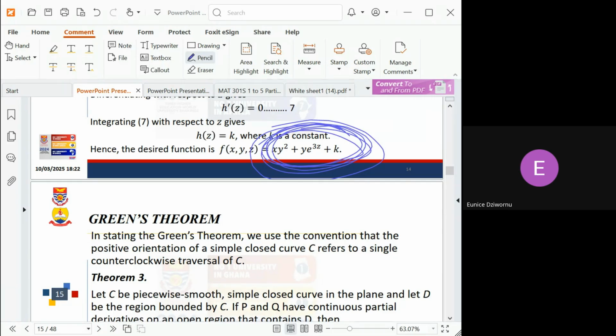Differentiation and integration have never been useless. They have always been the base of even the finance of every nation. Differentiation and integration have been the backbone of every engineering and computing. That is why we have even added ICT students to this course, because you cannot do computing or IT without mathematics.